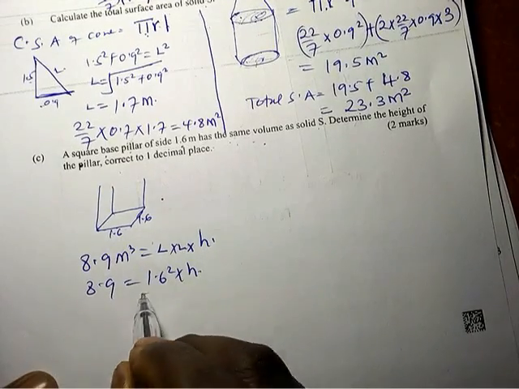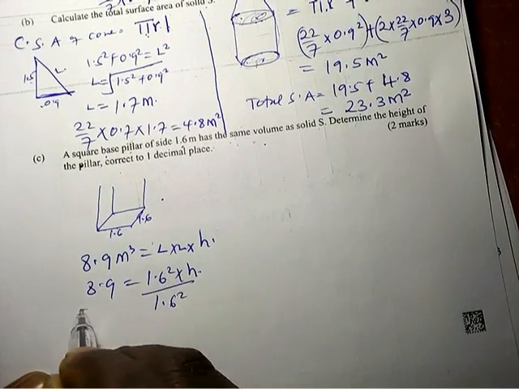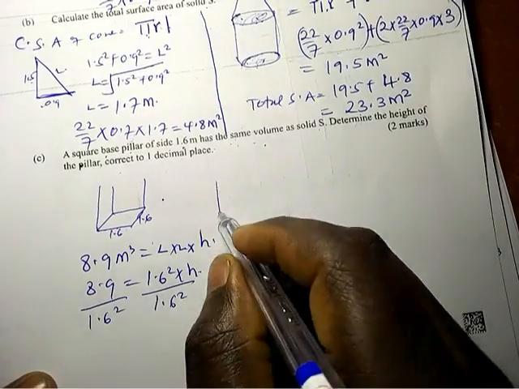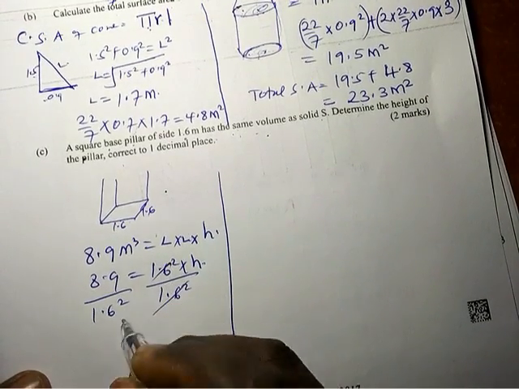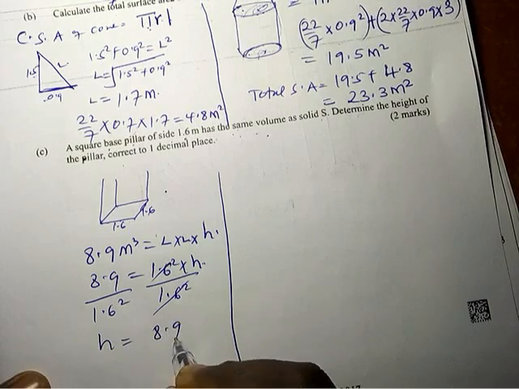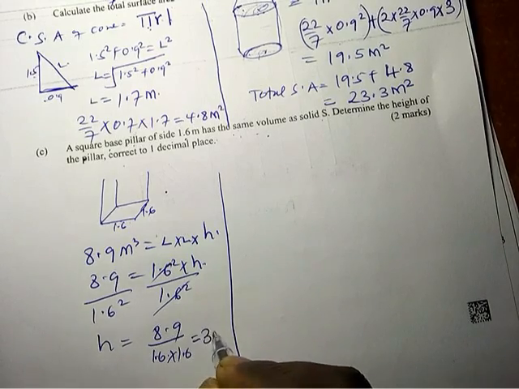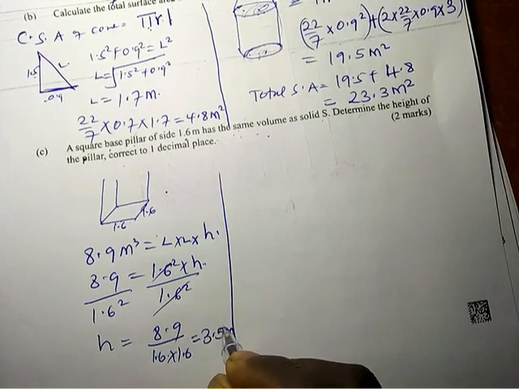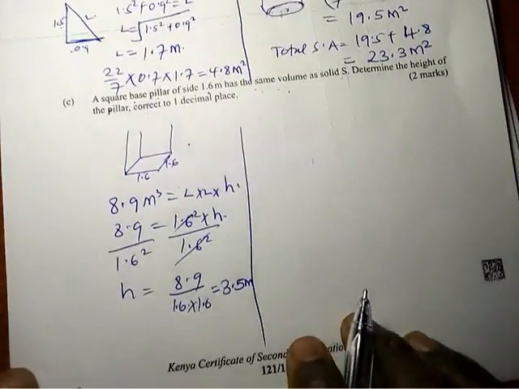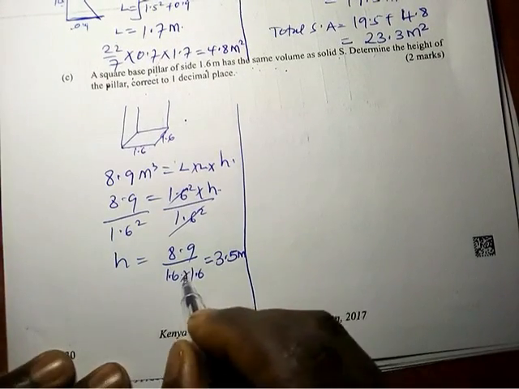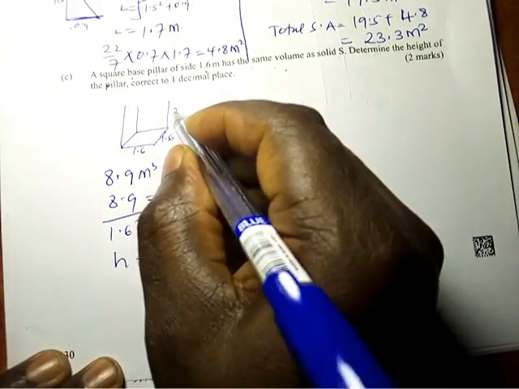So to get the height, we divide by 1.6 square. So h is equal to 8.9 divided by 1.6 times 1.6. That gives us 3.5 meters. So the height is 3.5 meters.